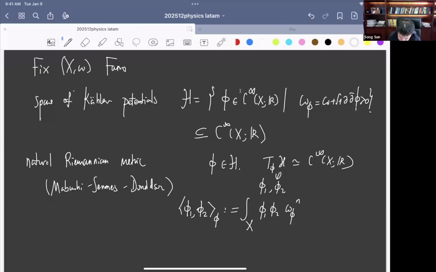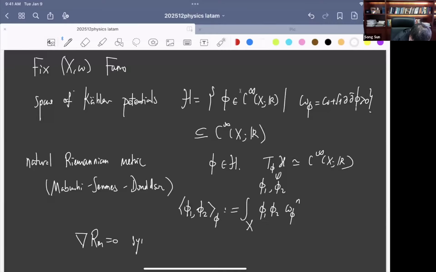So it's a metric, and one can actually compute the geometry of this metric. For example, the curvature, and one finds out that this is formally a locally symmetric space.